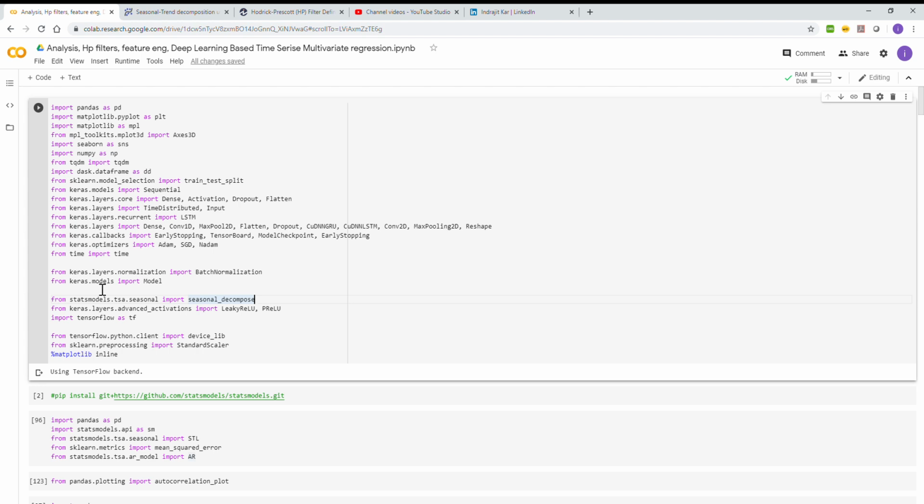Now, how is time series different from basic regression or classification? Usually in time series, the independent variable is time. So we are trying to see the effect of time on a dependent variable. It can be anything: gas, electricity, anything.